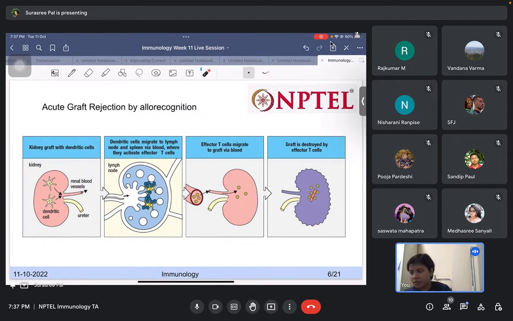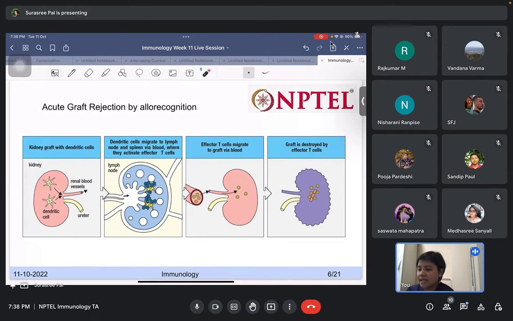How does this happen? Here you can see that the kidney is transplanted, right? And the kidney contains the dendritic cells of the donor, right? Now these dendritic cells, after the kidney is transplanted to the recipient, migrate to the lymph node and the spleen via blood, and they activate the effector T cells. So how does this activation take place?